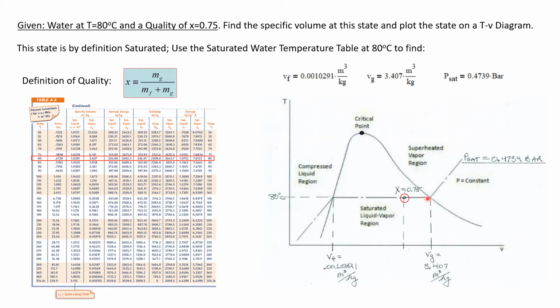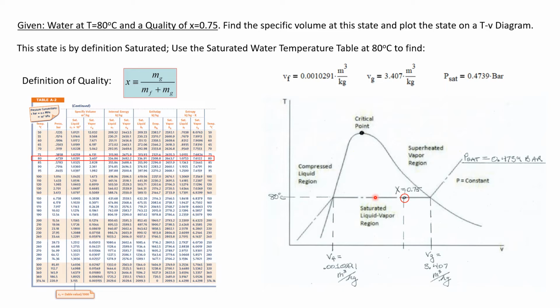And that will cause this pressure line, at least the horizontal segment of it, to lie right on top of this 80 degrees C line. So here's the dilemma that we have. At the left side of this horizontal section, right here on the saturated liquid line, the temperature is 80 degrees C and the pressure is 0.4739 bar.